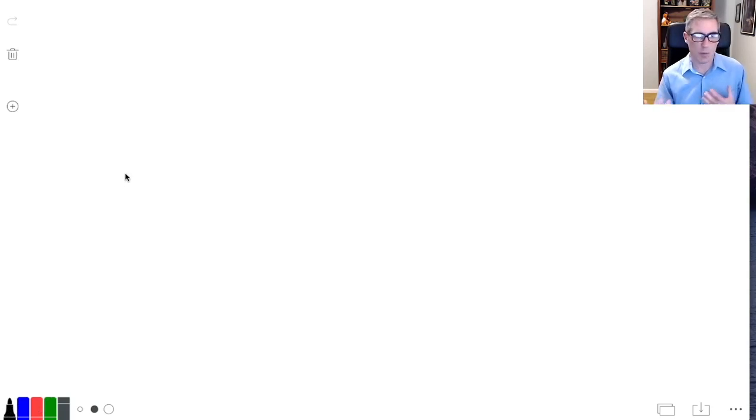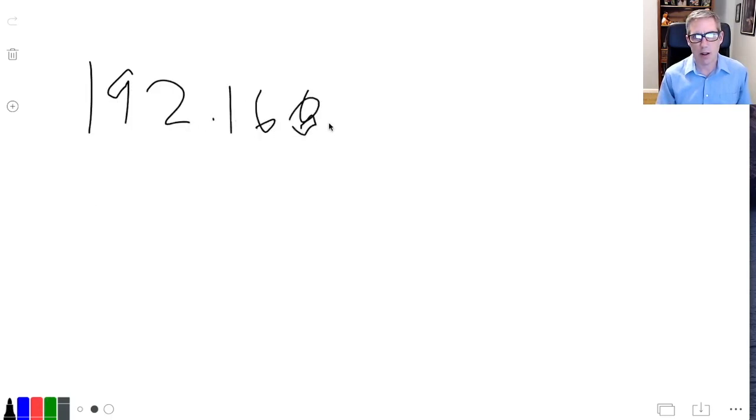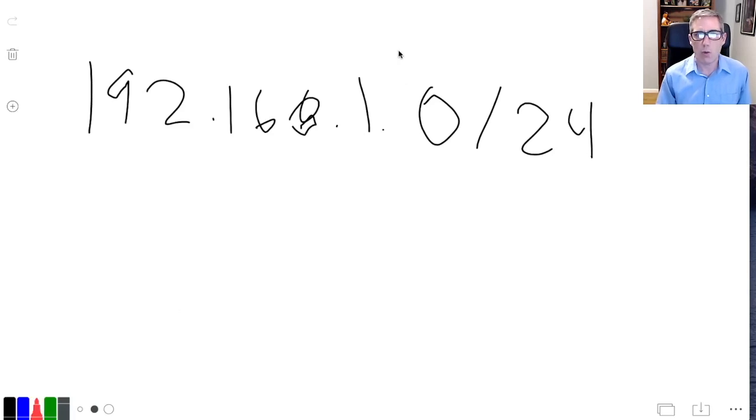Okay, we're going to start by just drawing out what we have here. So I'm going to just go with 192.168.1.0. That's our /24. This is an IP address, and the 24 says that the 3 octets to the left of this line are all the network address, and the 1 octet to the right of this line is the host.